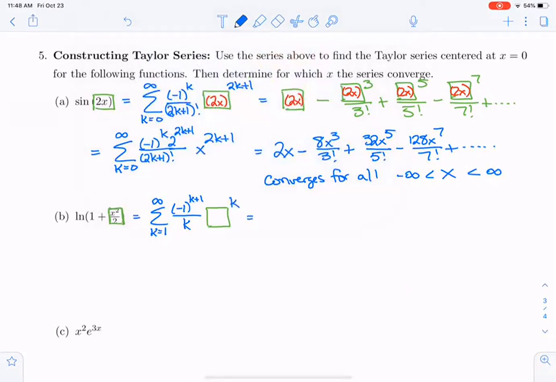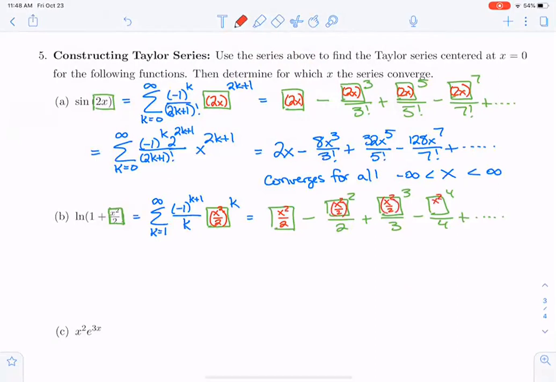The terms look like box minus box squared over 2 plus box cubed over 3 minus box to the 4th over 4 plus ... And so here we would want to put our x squared over 2 in the box. So here I'm going to put x squared over 2 inside these boxes.